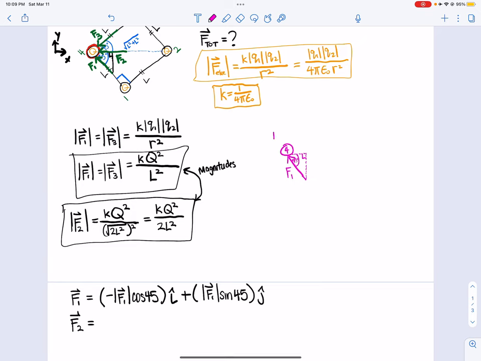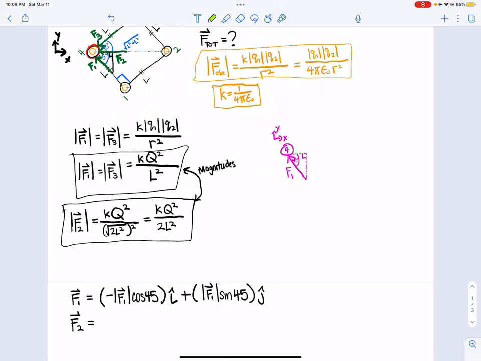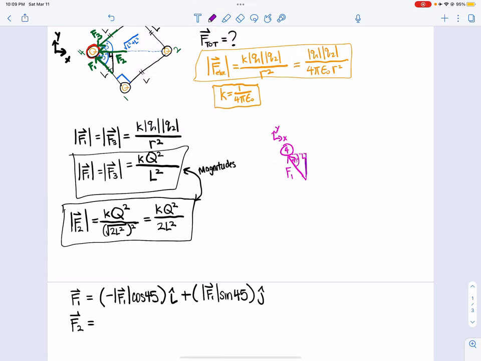So, if this was my x and y coordinate, then this guy right here, I'll change the color to brown, this would be F1 sine of 45. That's my y component of F1, right?